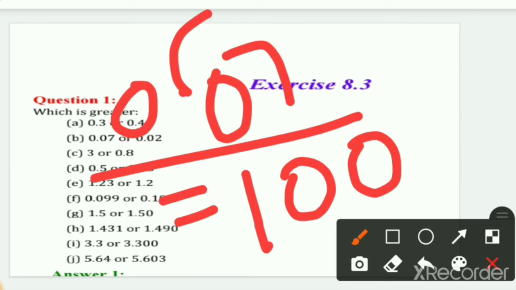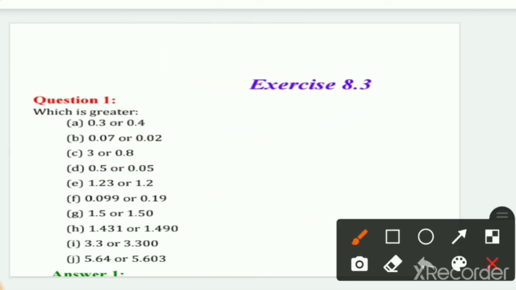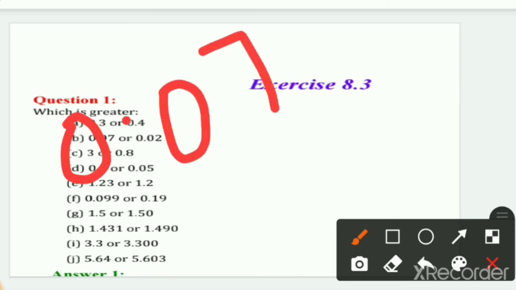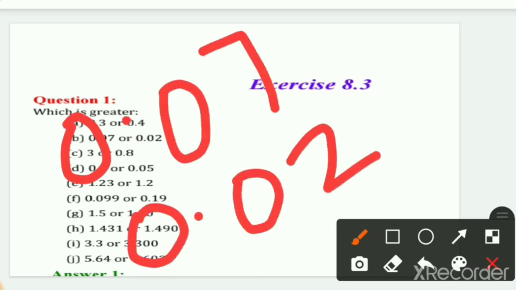Same way, we have the numbers 0.07 and 0.02. The digits before are the same, but which place is this?